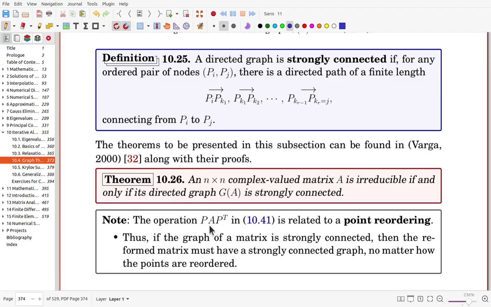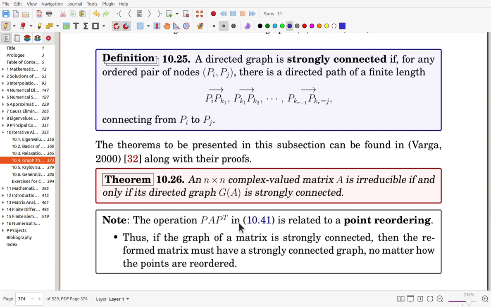So this operation is exactly a kind of point reordering. Once the graph is strongly connected, no matter how you reorder, how you name the points, it doesn't matter. A strongly connected graph must always be strongly connected.